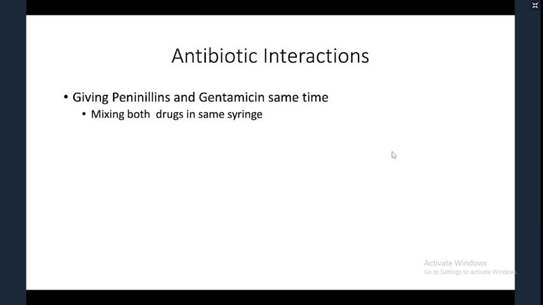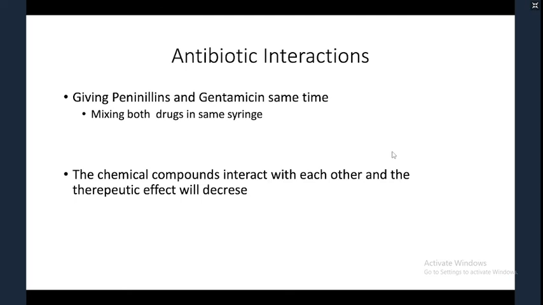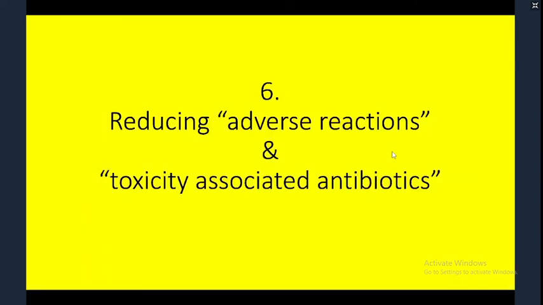But if you mix the solutions in vitro in the same syringe, you will get an interaction. As a result of this interaction, the potency of both the drugs will go down and you can get unexplained treatment failures associated with this.